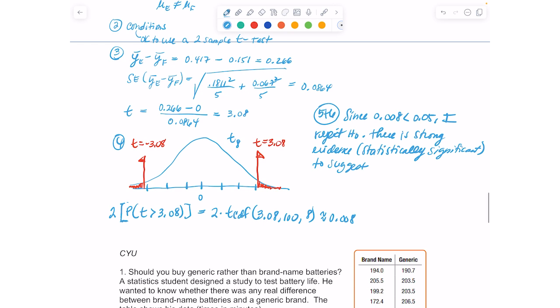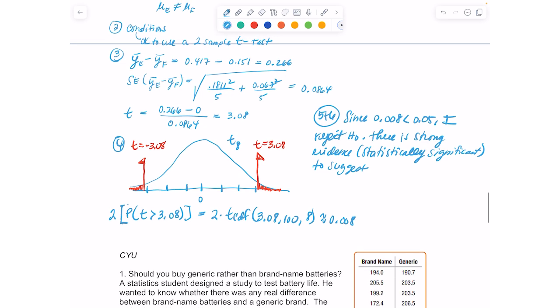To suggest that people leave higher average payments for food if the pictures of eyes are watching, because that's what my alternative said, right? That there is a difference in the amount left.